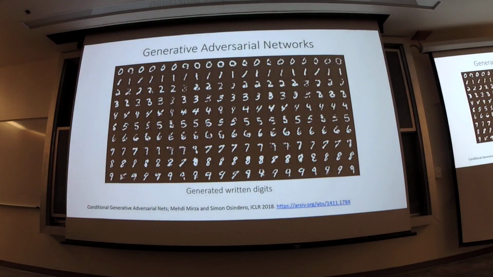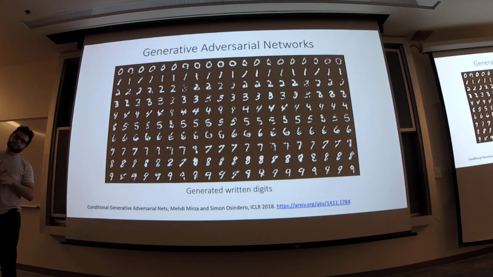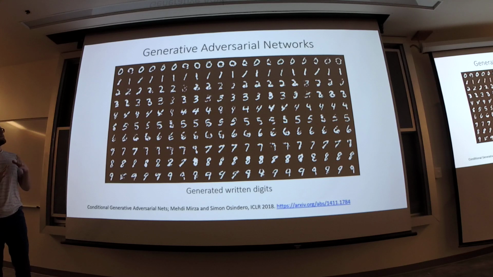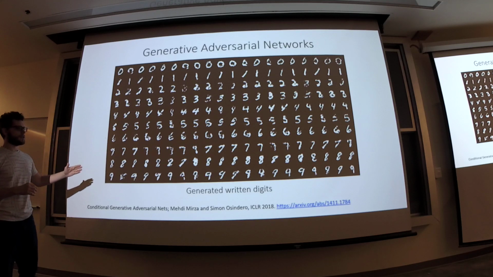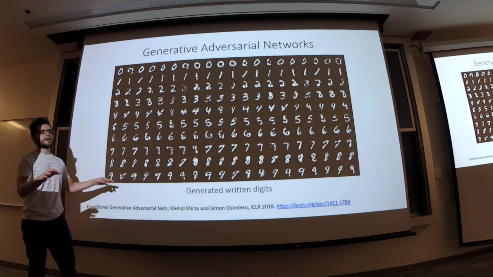Okay. So some examples of generated distributions. As you can see, these are from a paper called Conditional Generative Adversarial Networks, which adds a very small tweak to the Z space, to be able to avoid mode collapse. The cool thing here is that you can see that those at the beginning and those at the end are actually sampled.